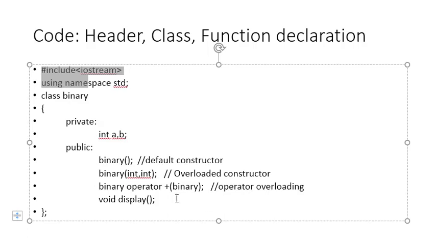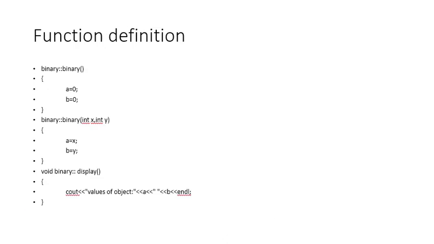So the whole function is used for operator overloading. And the fourth function we will use for display. Here the class is closed, as you can see the semicolon with the braces.